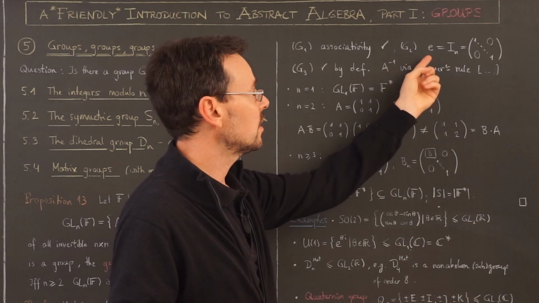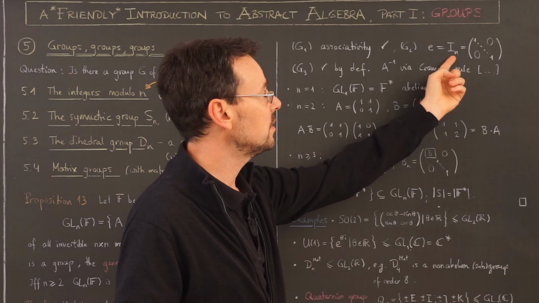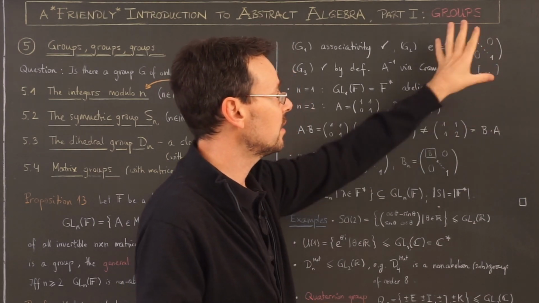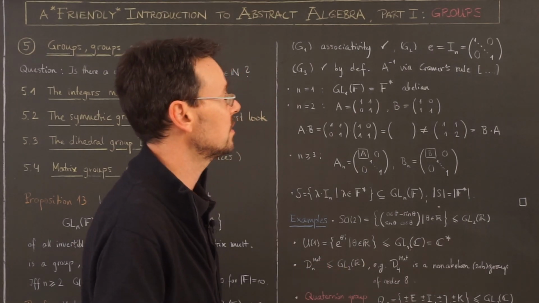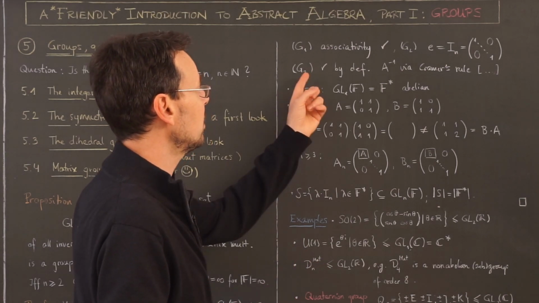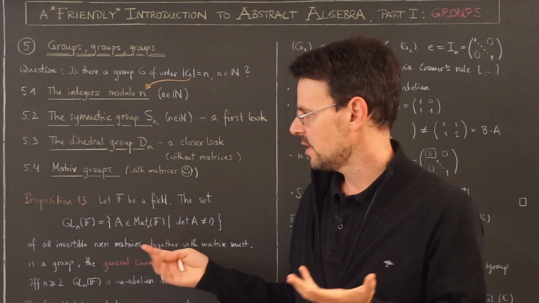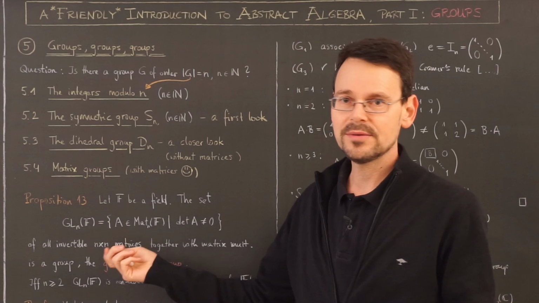Clearly there's an identity, namely the identity matrix, which has ones on the diagonal and all the other entries are zero. This is the neutral element with respect to matrix multiplication, and the existence of inverses is guaranteed by definition because we are looking at all the invertible matrices.